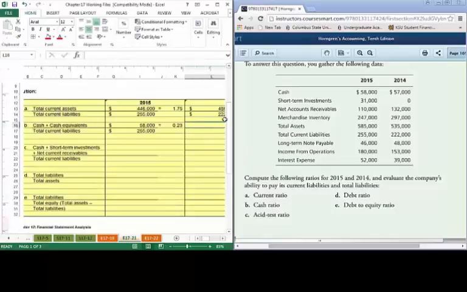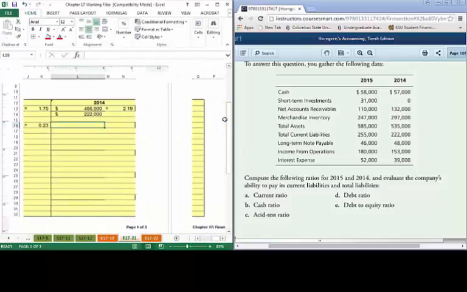And do the same thing for 2014, and it's 0.26.